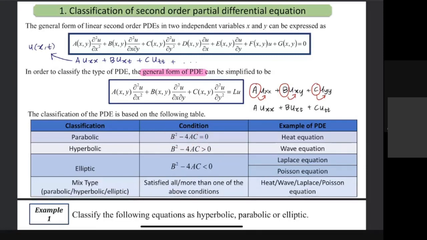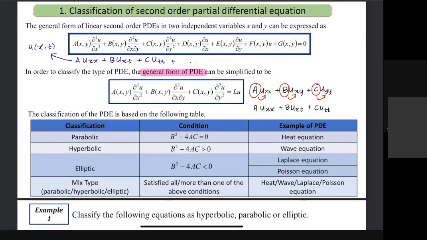This b, a, and c are from the general form. A is the coefficient for del square u over del x square, B is the coefficient for del square u over del x del y, and C is the coefficient for del square u over del y square. The equation is parabolic if b square minus 4ac equals 0. After you determine A, B, and C from the equation, you substitute in this formula.